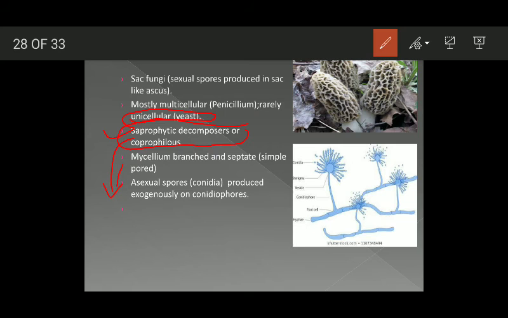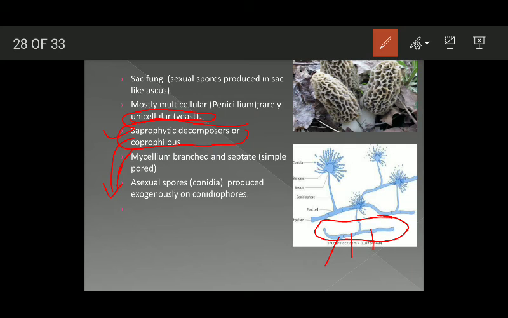Coprophilous means dung-loving organisms. The mycelium in Ascomycetes is branched and septate, and the septa are simple pored. I have already told you what is simple pore and what is dolipore. Here you can see the mycelium is branched and septate. These are the different septa. They have divided the hyphae, the mycelium, into small segments.